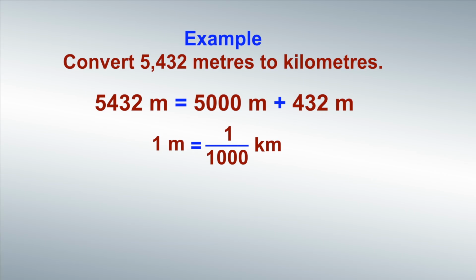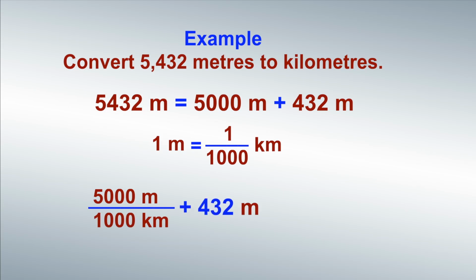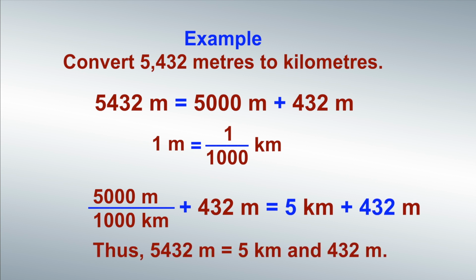To convert 5000 meters to kilometers, we will divide it by 1000. 5000 meters divided by 1000 kilometers plus 432 meters is equal to 5 kilometers plus 432 meters. Thus, 5432 meters is equal to 5 kilometers and 432 meters.